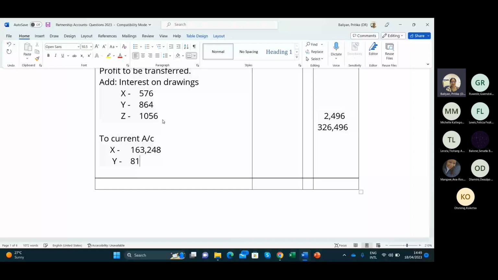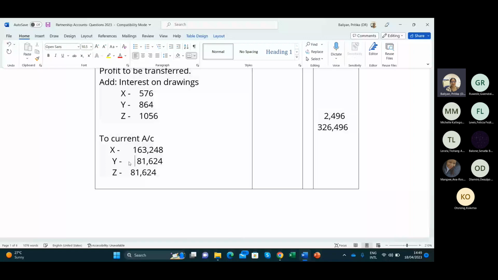Because his ratio is also the same. So all this amount will transfer to the current account of each partner to show their proportion in the net profit. So that's how we prepare the profit and loss appropriation account, right?